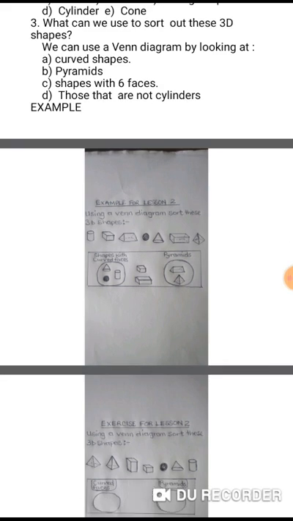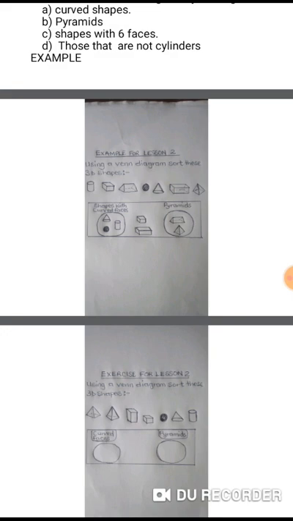B, we can also look at pyramids that can also be put on a separate group. And then C, shapes with the 6 faces, these can also be put on a separate group. And then D, those that are not cylinders can also be put on their own group.